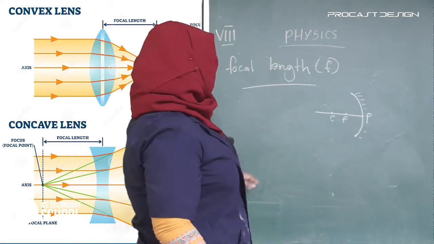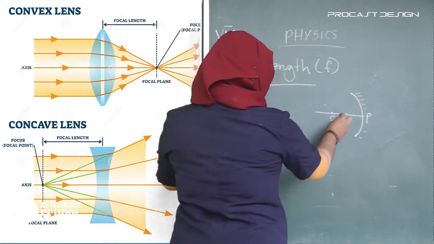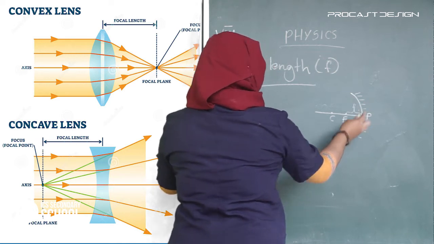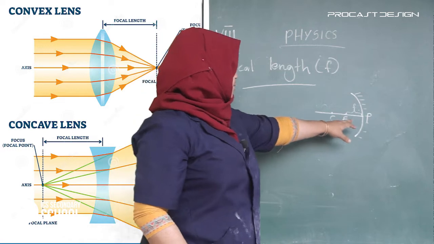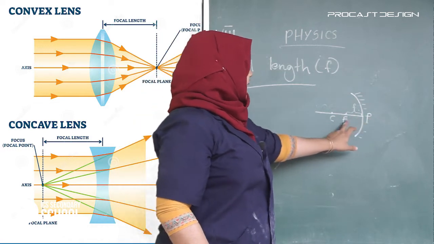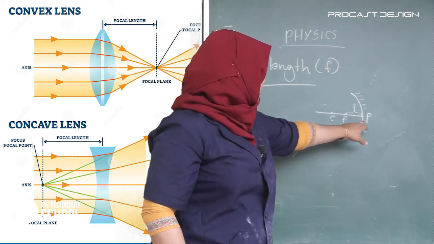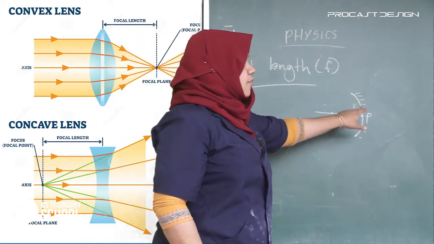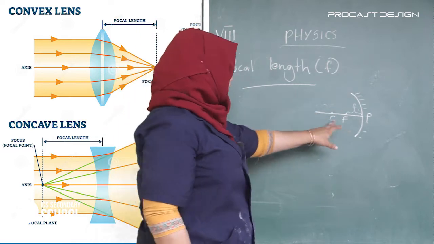So what is focal length? The distance between the pole and the principal focus of the mirror is the focal length. That is small letter f.